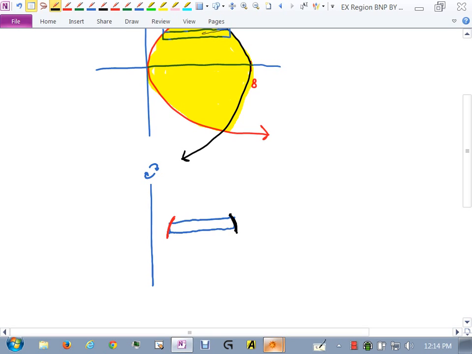And now I need to imagine wrapping that around. It's not easy to draw on glass, I'm telling you. That's what it would look like wrapped around, which is a washer, right?